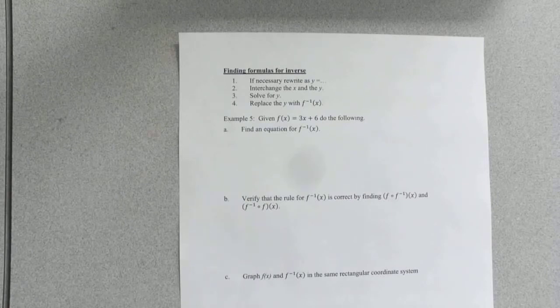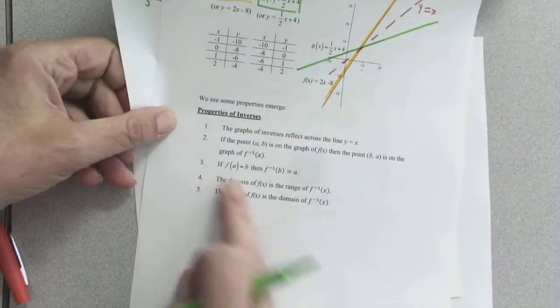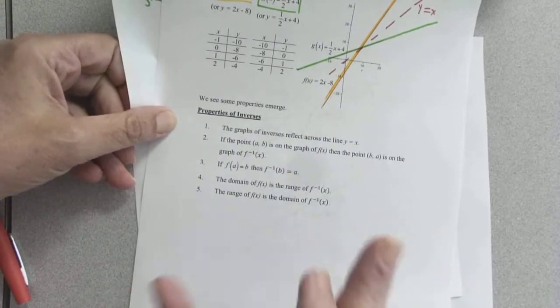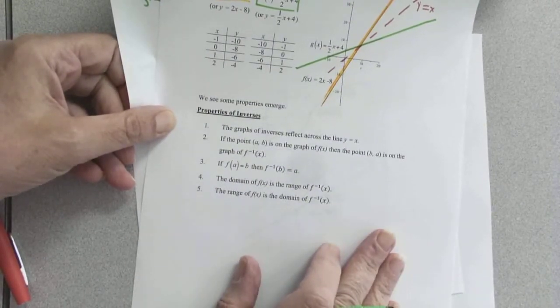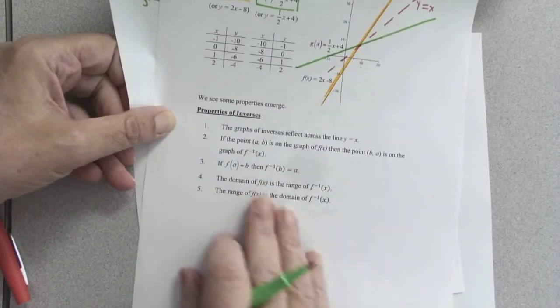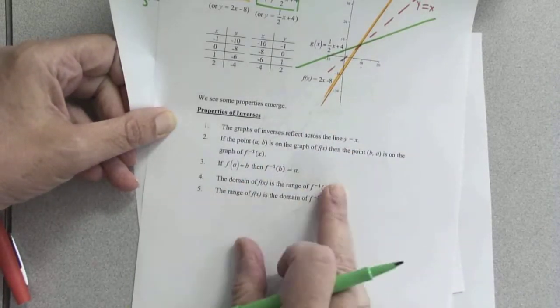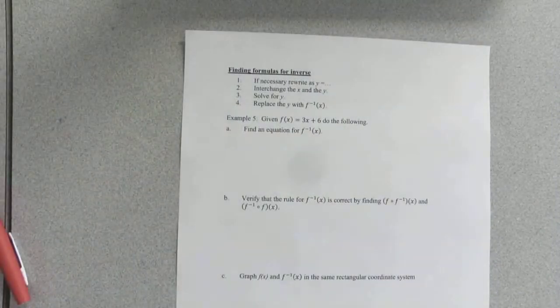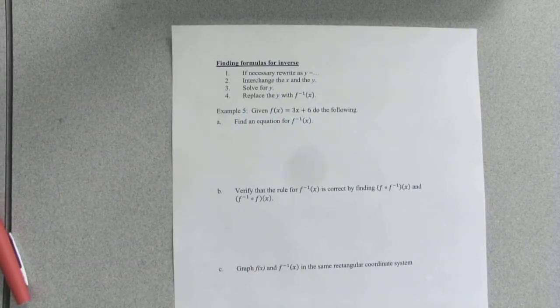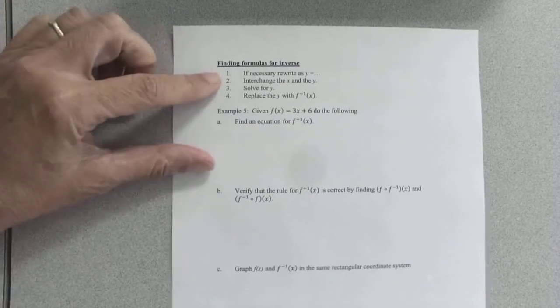What you write down for the inverse of cosine x is cosine inverse. There isn't a formula. That's why it was so important to remember these properties, because there will be instances where you need to work with the inverse function, but you don't really have a formula. So you take everything you know about the original function and use these properties to find out information about the inverse function. But in simple cases, there is a way to find formulas for inverses.